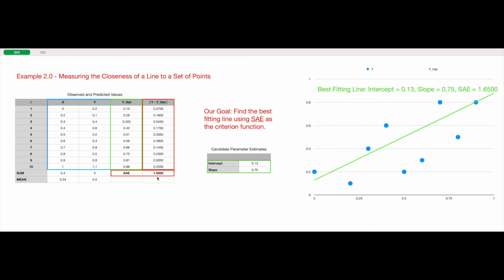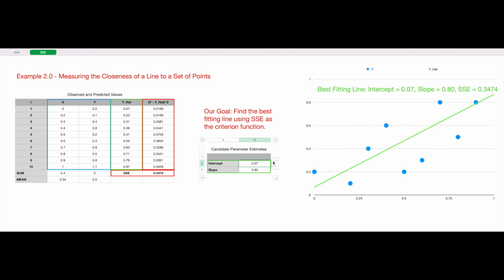All right, and we see the SAE now is again 1.65. And so toggling back and forth, we see that those lines are different. Now let me change the intercept and slope here to the values that minimize the SAE criterion function.